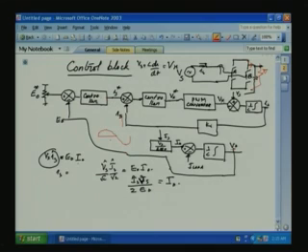Because we know this IS is a sinusoidal current, this current also has to be sinusoidal. This sinusoidal current we are assuming is controlled through PWM with high frequency. During that PWM operation, there is not much change in the IS and ISR.